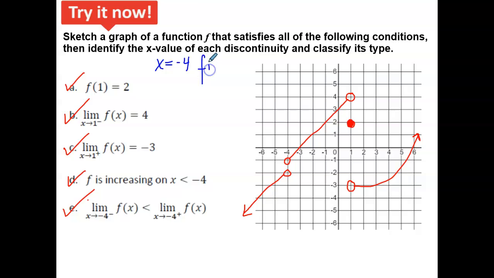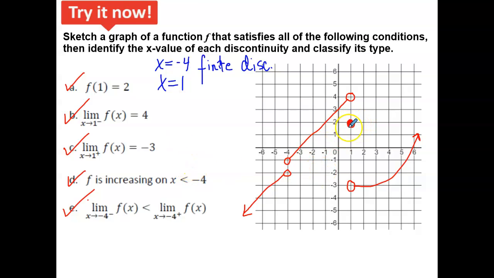That's also called a jump discontinuity. Finite. That's a weird looking T, but it's a T. And then we've got another finite or jump discontinuity occurring at x equals 1.